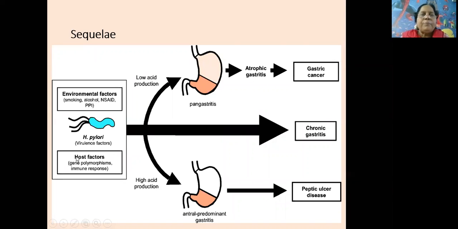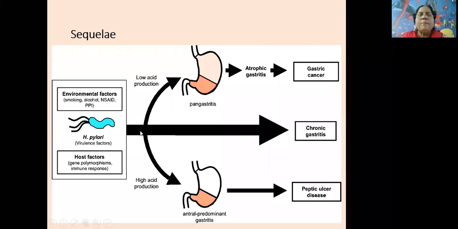The host factors, like gene polymorphism, immune response and host immunity, as well as the other factors that contribute to acute gastritis like NSAIDs, proton pump inhibitors, alcohol and smoking, all put together will decide the sequel.